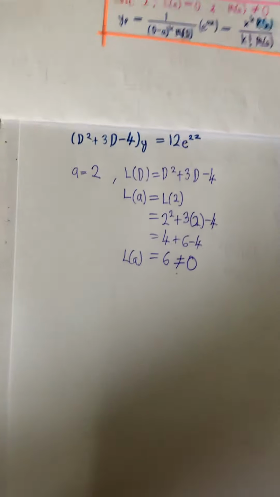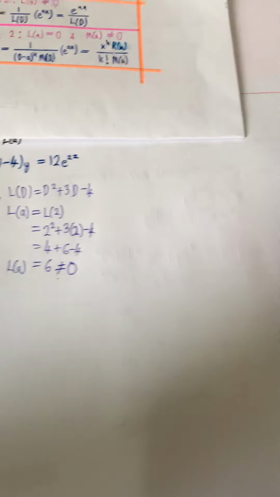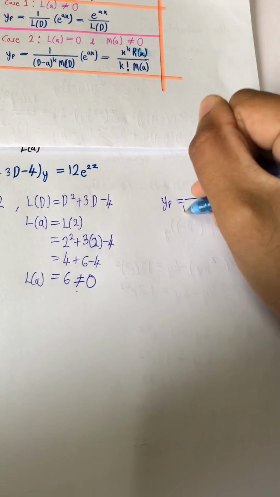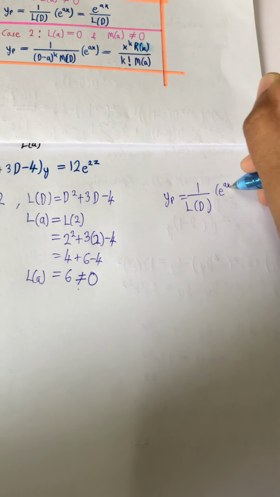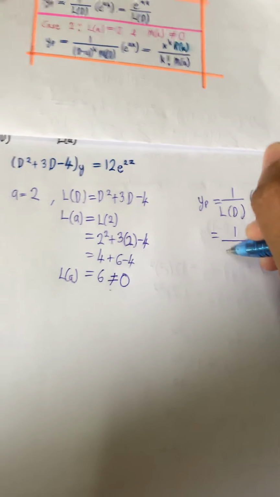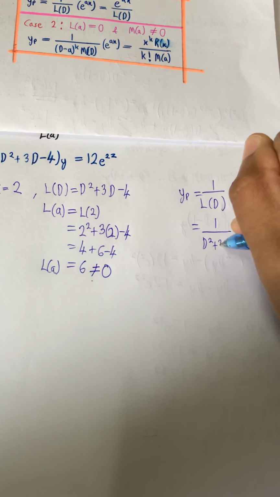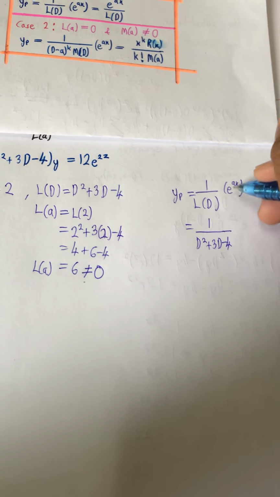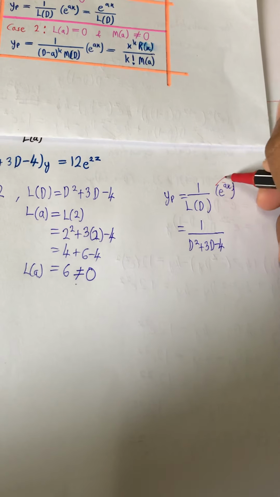So for case 1, our yp will be equal to 1 over L(D) and then e to the power of ax, where our L(D) is D squared plus 3D minus 4, and then this side we need to multiply with our right-hand side.